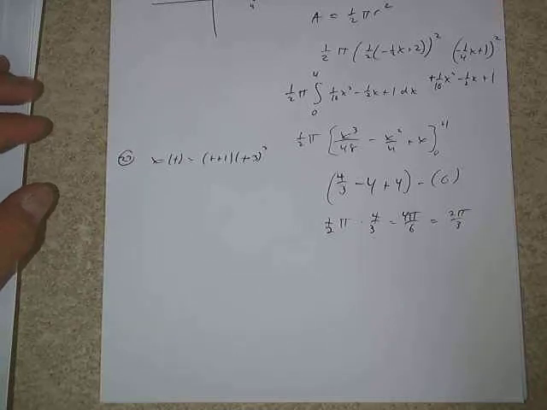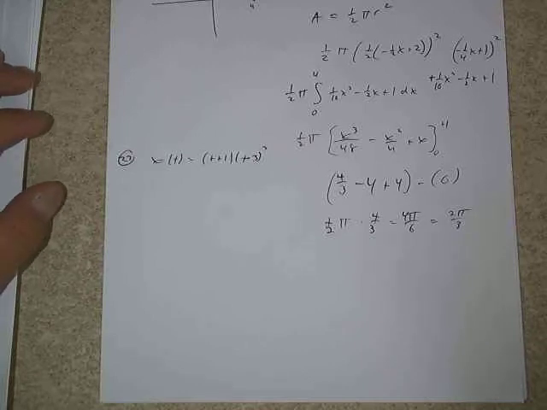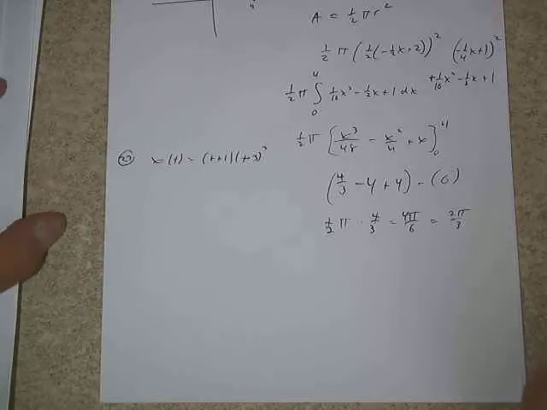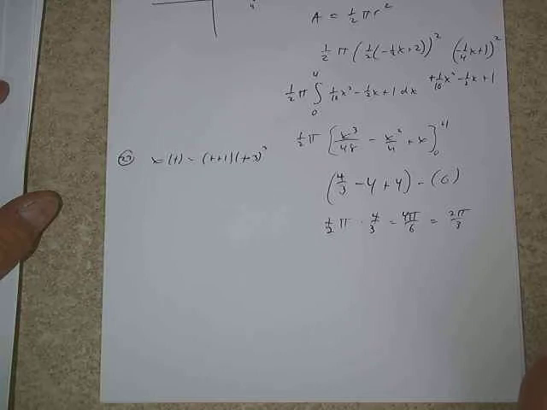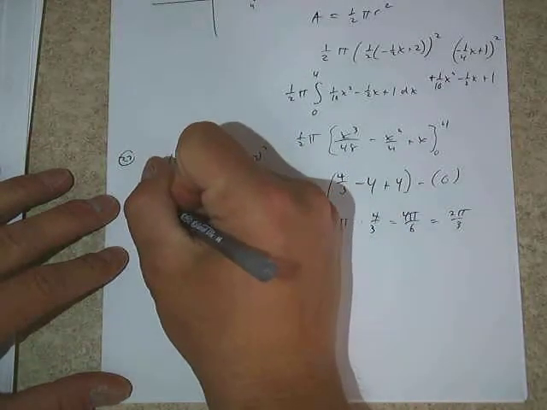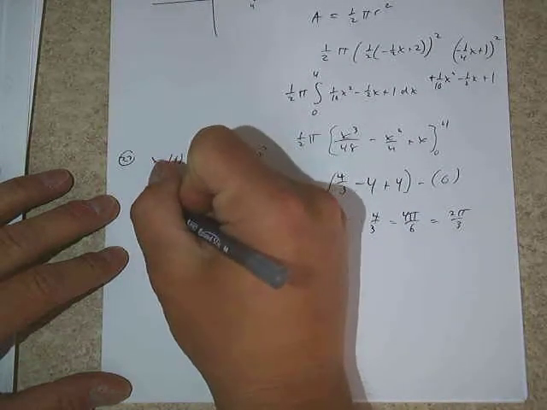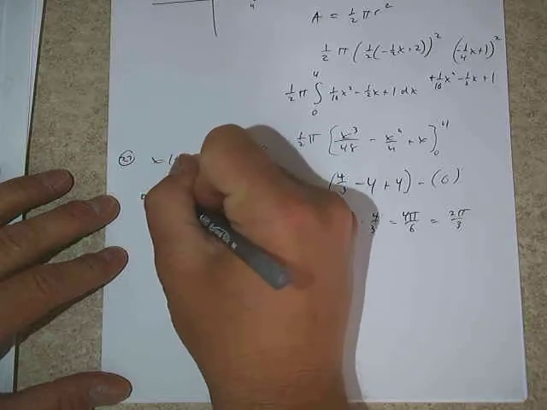Okay, 27 we have a particle that moves along the x-axis, and we have a position function given. It says for what values of t is the velocity of the particle increasing? Keep in mind, think about the velocity graph.